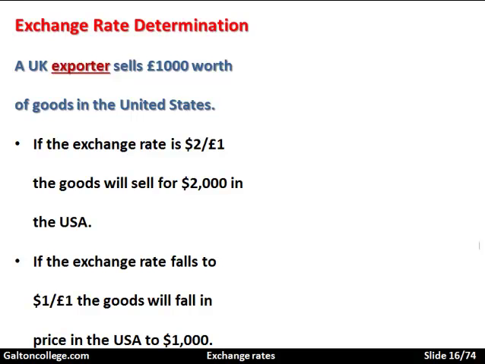So the exchange rate makes a big difference on the price of goods that are traded internationally. The exchange rate is very important in determining the price of goods internationally. So here is a situation where the exchange rate has fallen from $2 to the pound to $1 to the pound, and we can see what's happened to the price of goods in America as a consequence.